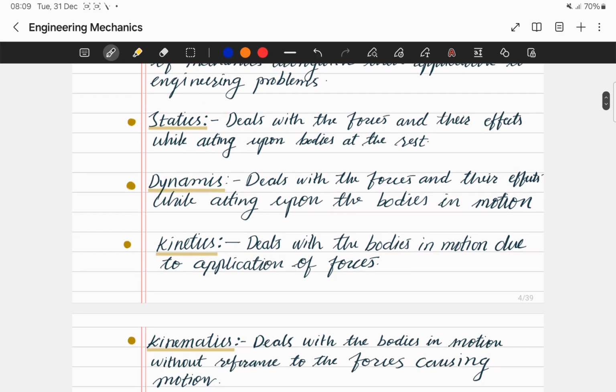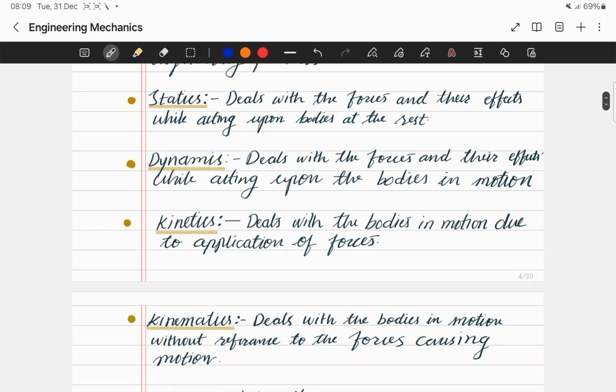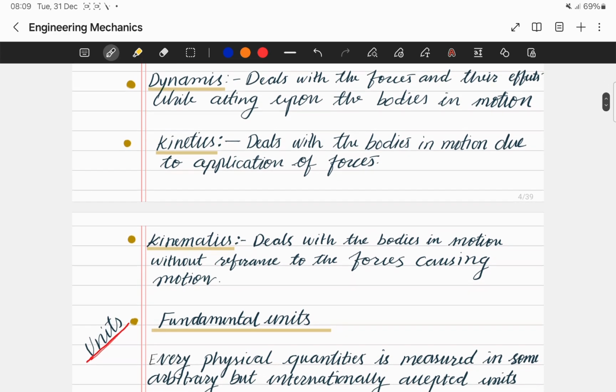When we consider dynamics, the body is in motion and forces are acting on it. If we consider both the forces and the body in motion, then it becomes part of kinetics. But when the body is in motion and we study it without reference to the forces, then it becomes part of kinematics.